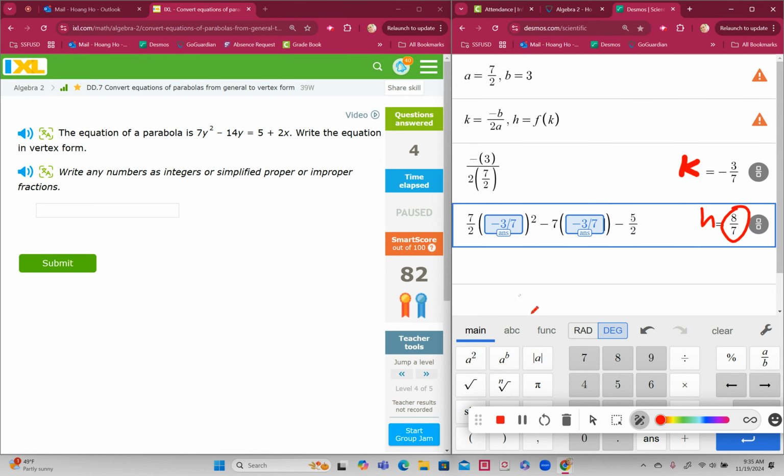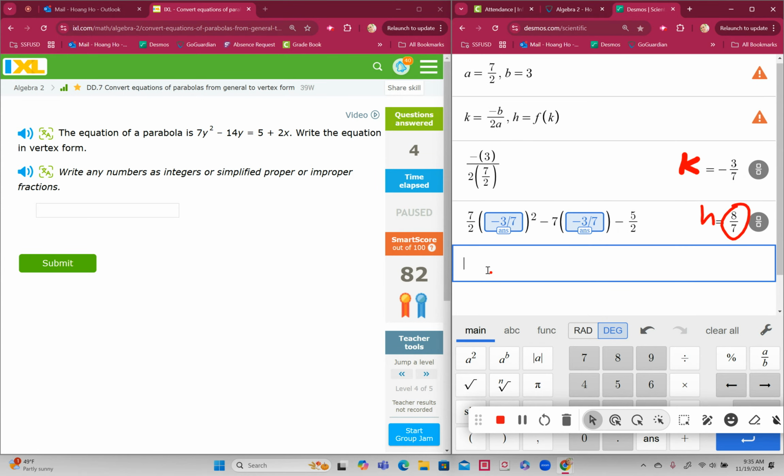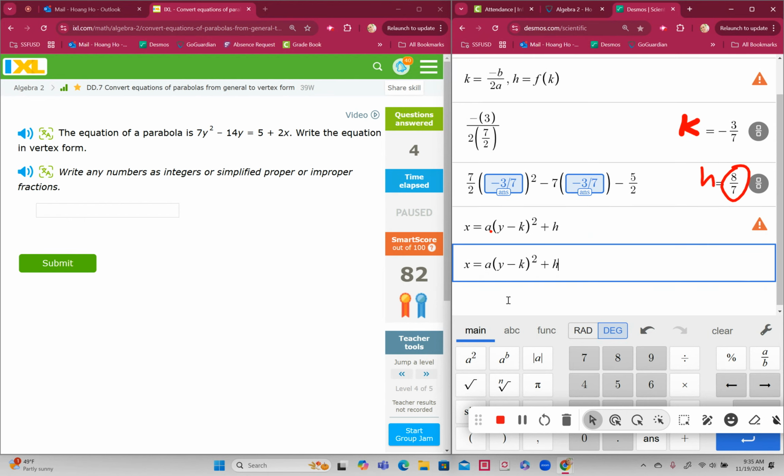So here's your vertex form. The vertex form starts with x equals a times (y minus k) squared, plus h. I can copy my formula down with Control C and paste it with Control V. Now I put it in.